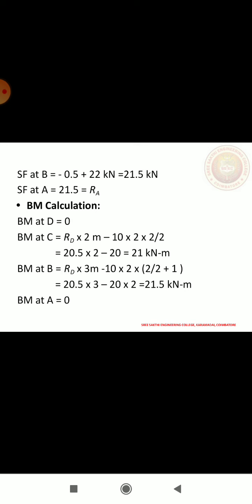So the final value for BM at B is 21.5 kilonewton meter. So finally we have calculated all the values for shear force and bending moment.